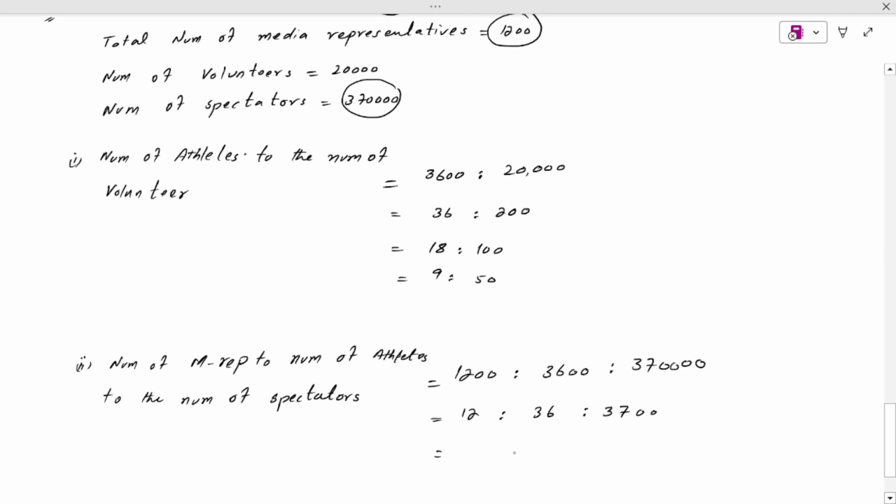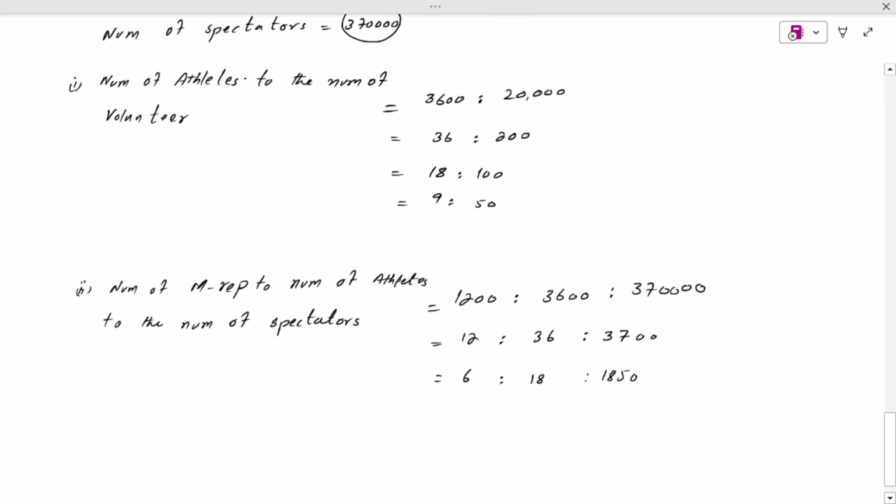Dividing again by the table of 2, 6 twos are 12, 18 twos are 36, and 1850 twos are 3700. Again it can be divisible by 2.